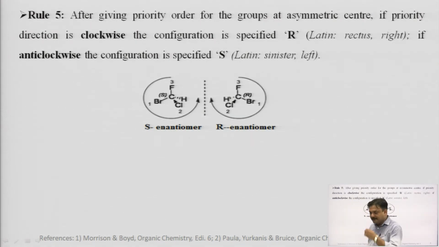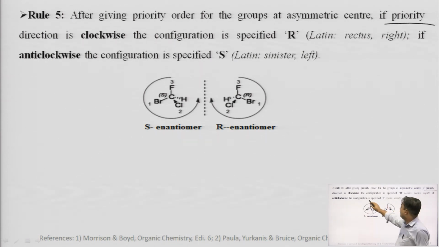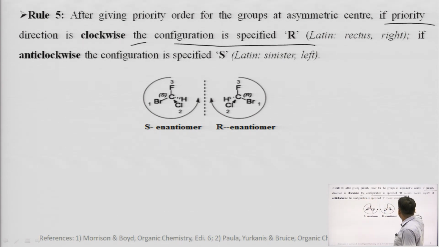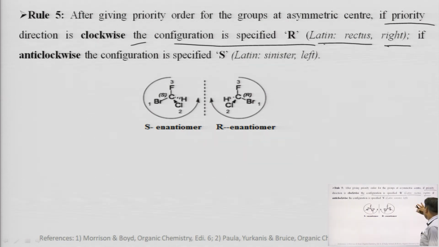Rule 5 states that after giving the priority order for the groups at the asymmetric center, if the priority direction is clockwise, the configuration is specified as R. R comes from the Latin word rectus, meaning right, so rotation is occurring in the right direction.